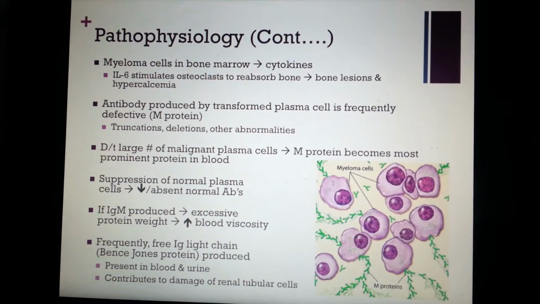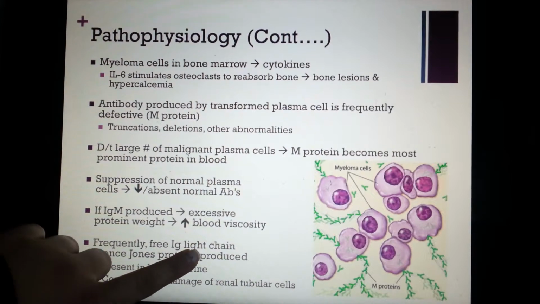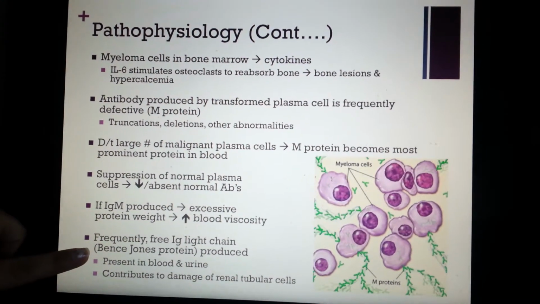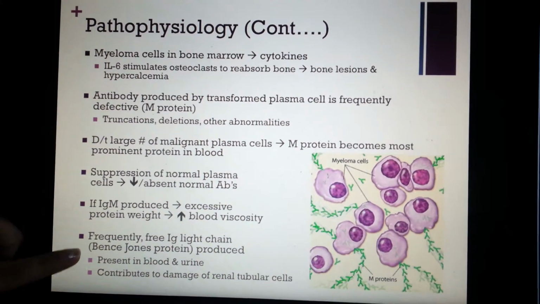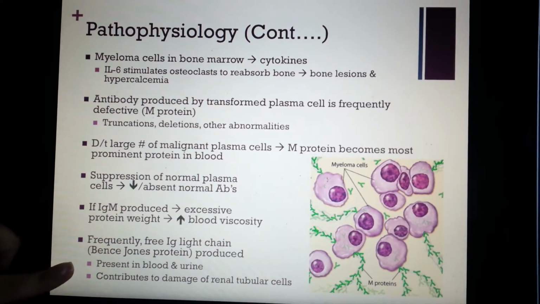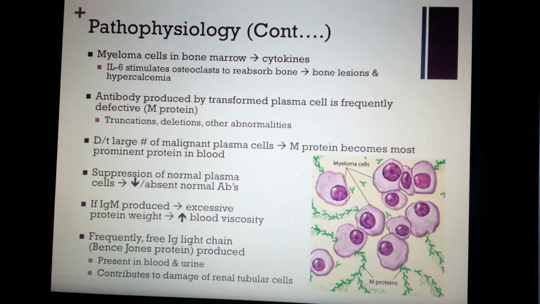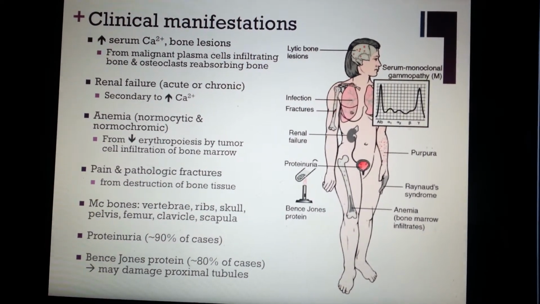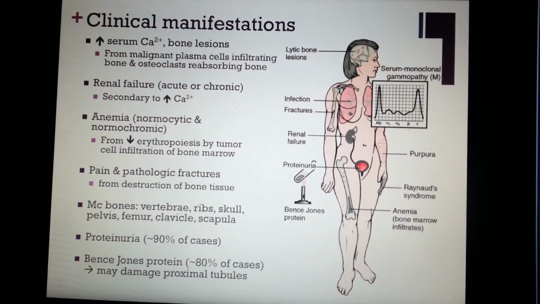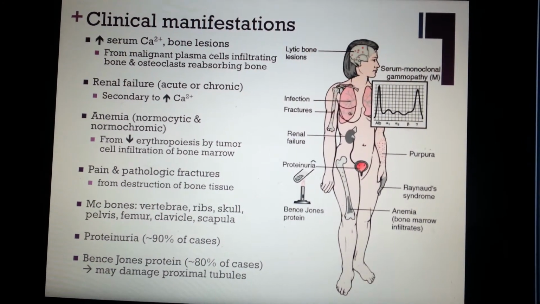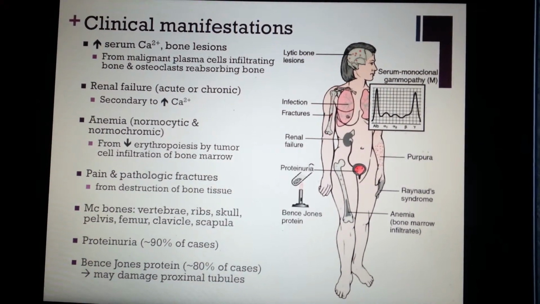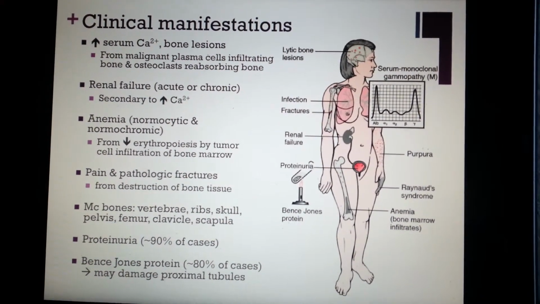Oftentimes we find the free immunoglobulin light chain, the short little portion, which is called a Bence-Jones protein, and that's often present in the blood and the urine and can lead to renal tubular damage. Clinical manifestations: you have hypercalcemia and bone lesions, which occur because the malignant plasma cells infiltrate the bone, and that stimulates the osteoclasts, which reabsorb the bone.